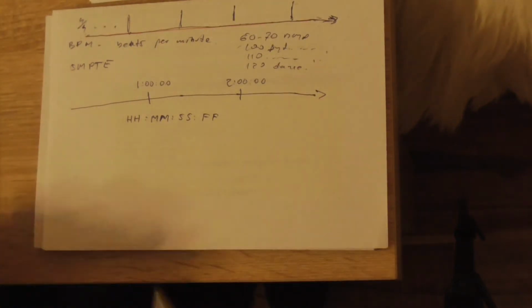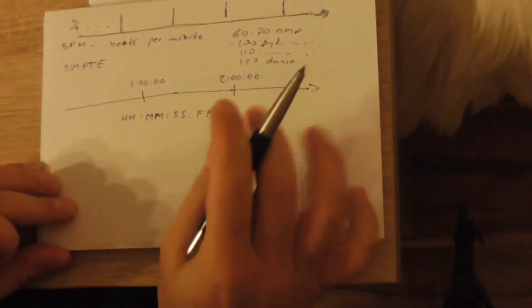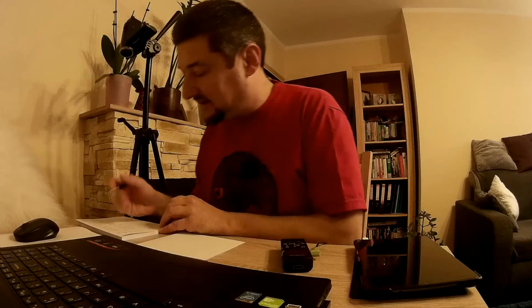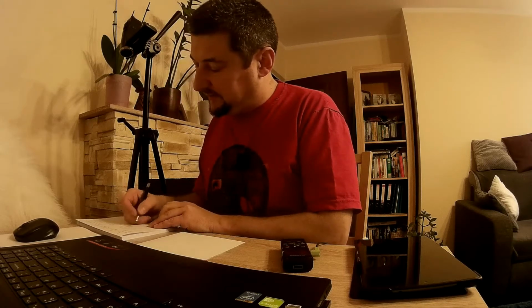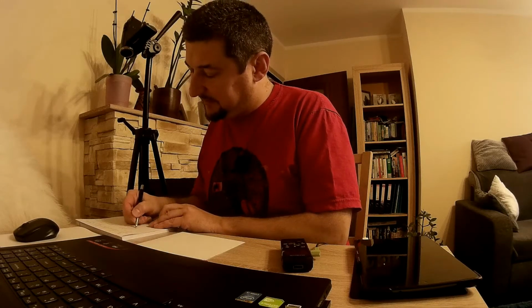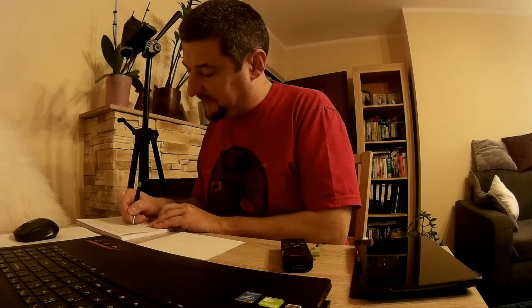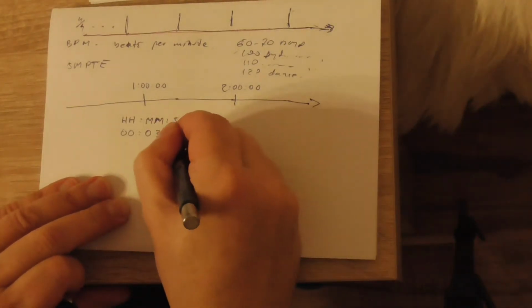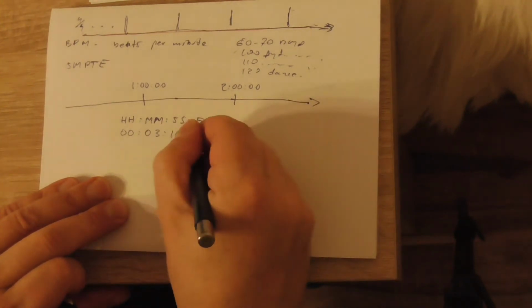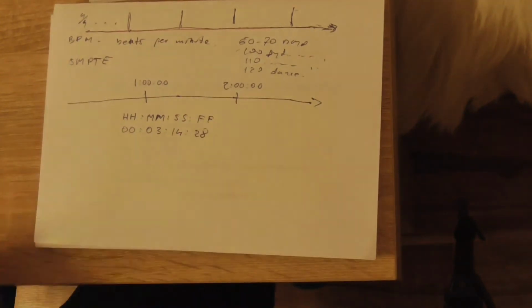Let's find out what you actually have in your device, I mean, what you see on the display. You can see probably 00 hours, let's say 03 minutes, for example 14 seconds, and 28.